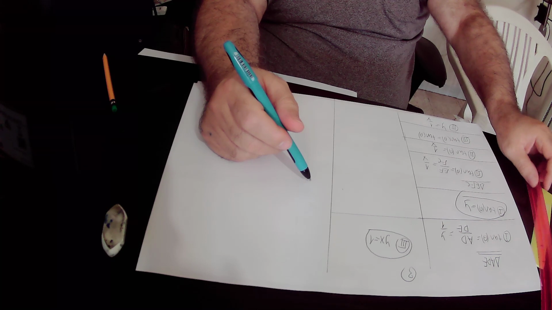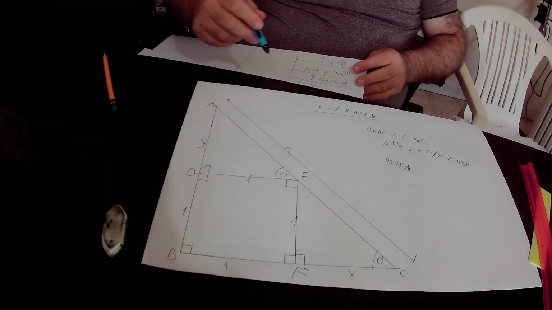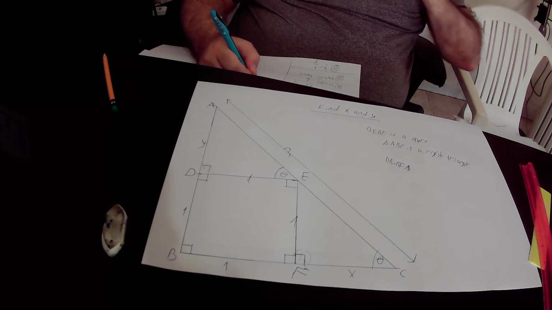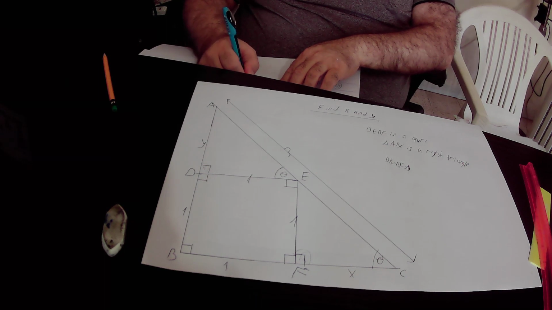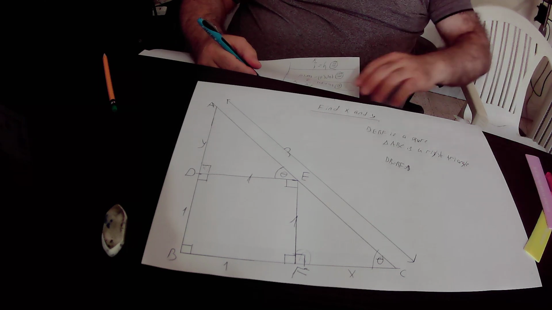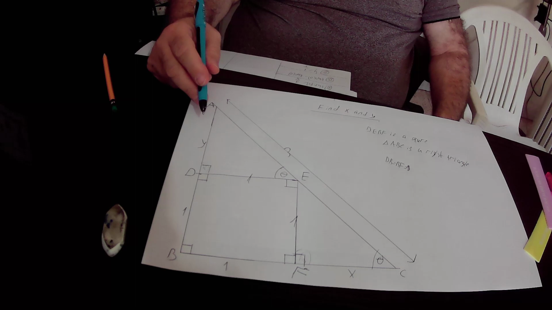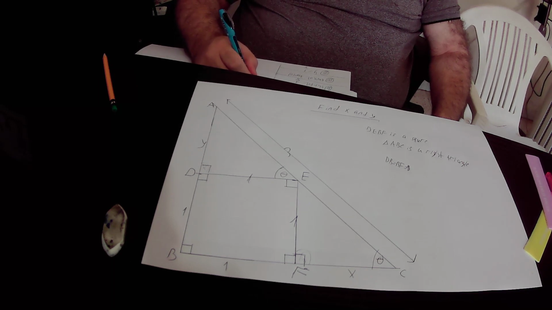And in the next step, we will focus on the right triangle ABC. On the right triangle ABC, according to the Pythagoras theorem, the square of the hypotenuse equals the sum of the squares of the perpendiculars.